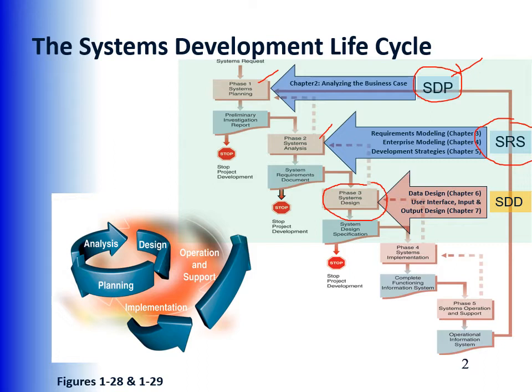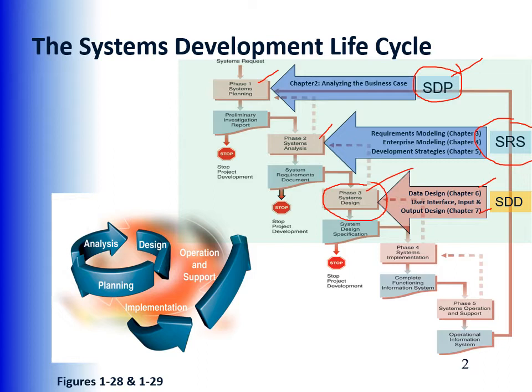So now the third phase, system design, which covers physical design. Under this phase, you will learn about data design, which is covered in chapter 6, and user interface input and output design in chapter 7.